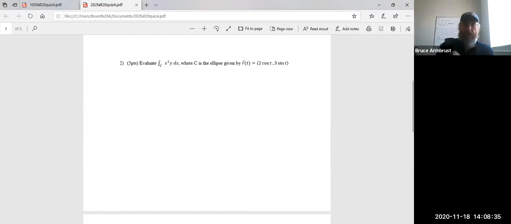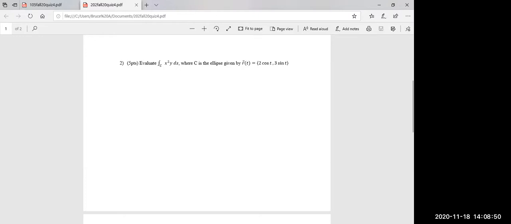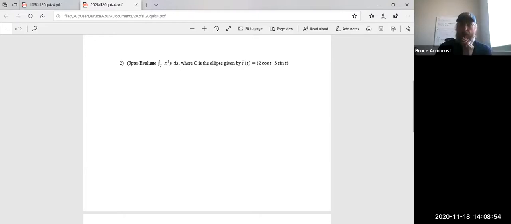How do you change the ds? What does that equal? How do you get it in terms of dt? What do you have to put in as the Jacobian? Magnitude of r prime dt. Okay, good. So it's the magnitude of r prime.